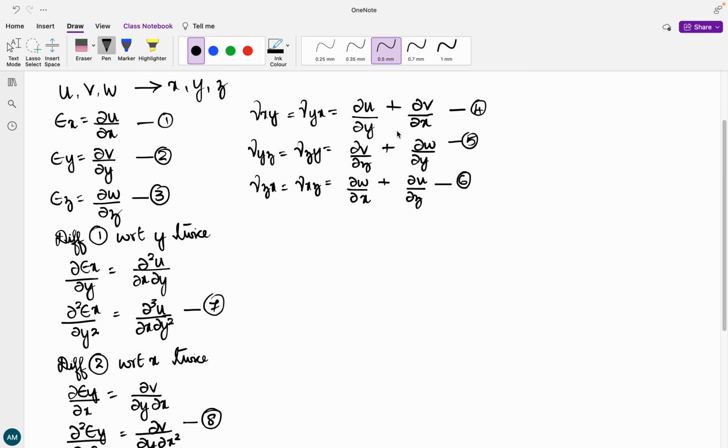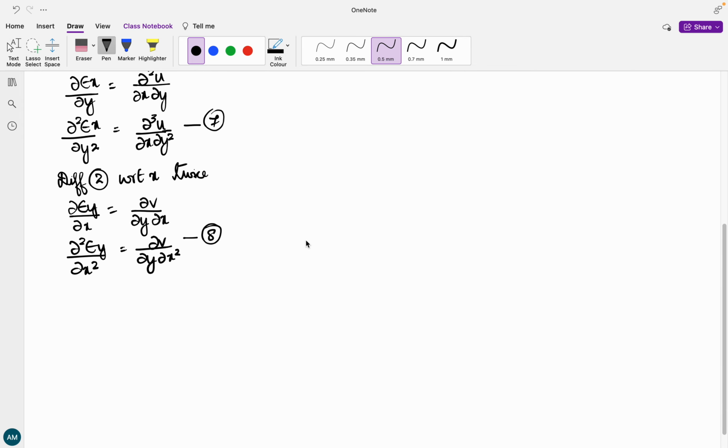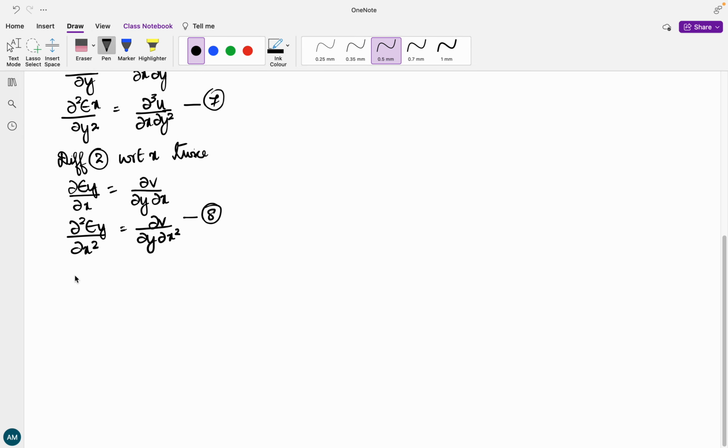Now, let us take equation number 4 and differentiate this. But before we write that, let us add equation 7 and equation 8.